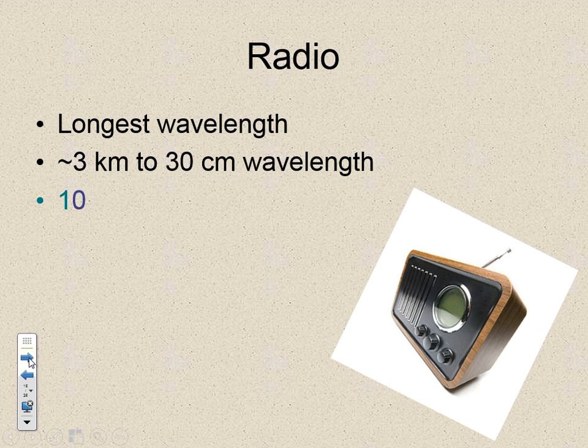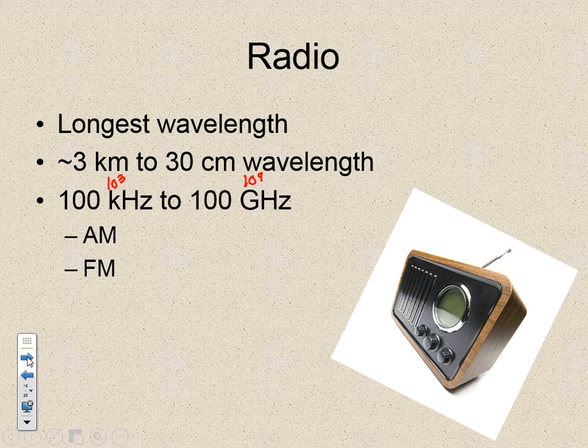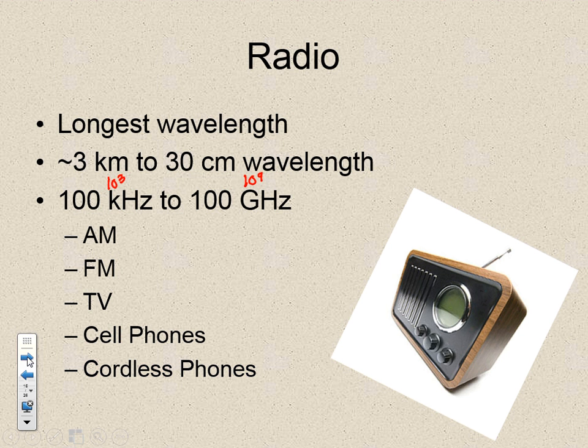The frequency goes from 100 kilohertz, kilo is 10 to the third, so 1,000, and gigahertz is 10 to the ninth, a billion hertz. This accounts for AM waves, FM waves, TV, your cell phone, as well as cordless phone. AM waves stand for amplitude modulation.